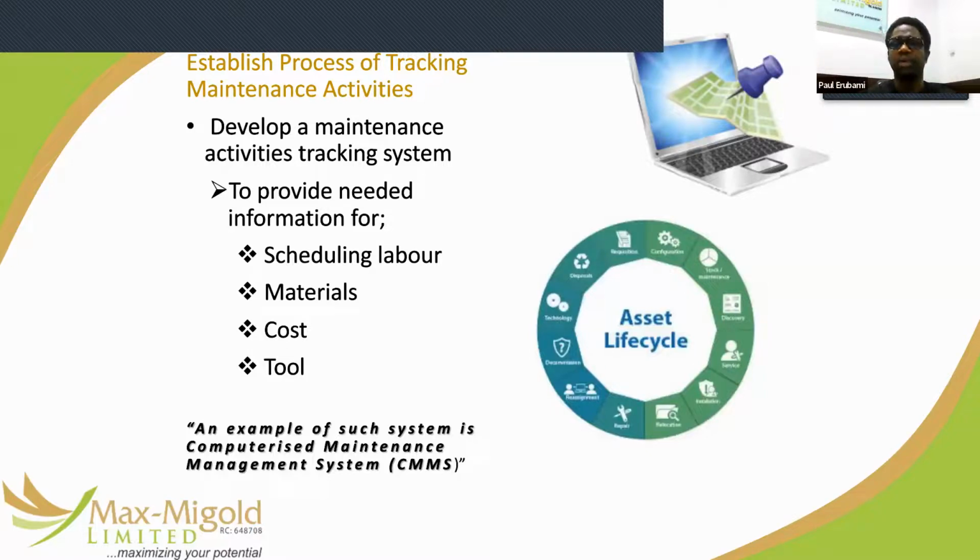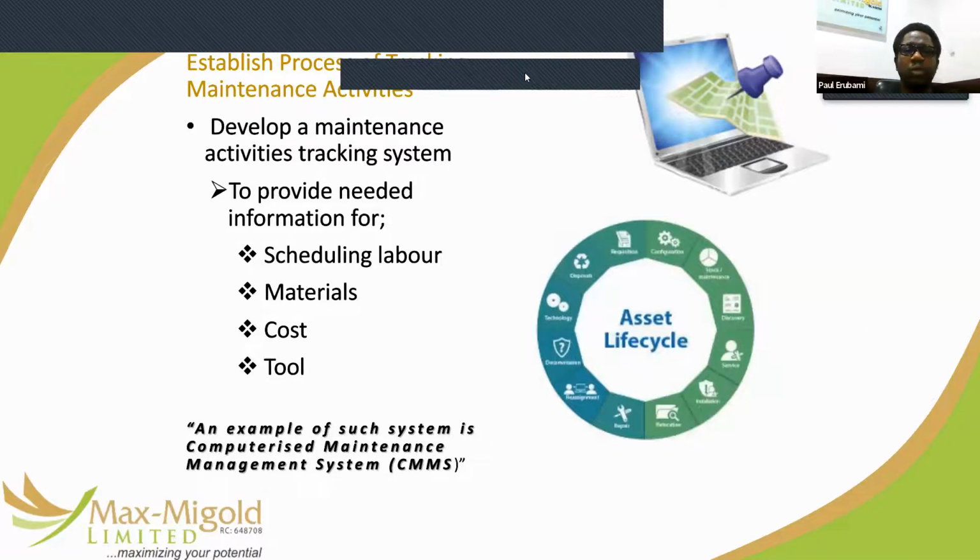But having a maintenance plan and a maintenance tracking system within that plan will ensure that we identify for every maintenance activity the hours or time it will take, the materials required, the cost, and the tools to execute that particular task itself.